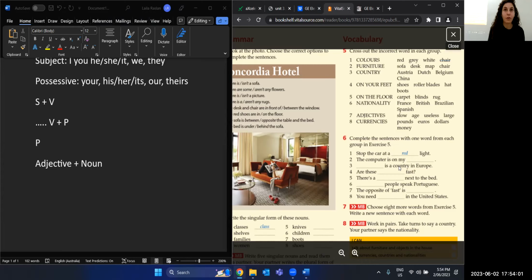4, Odilon. It's a question, so I can see it starts with a verb, and these must be plural, many. So are these cars fast?